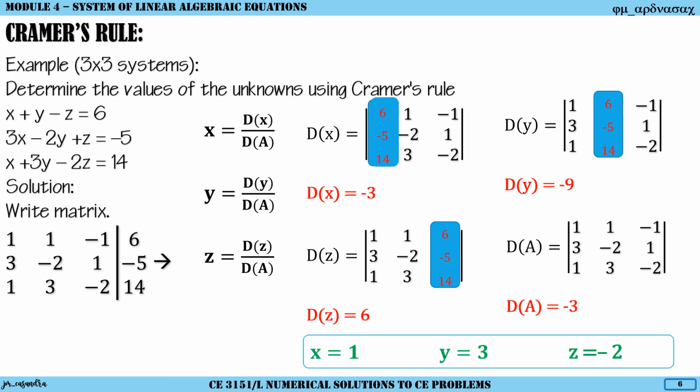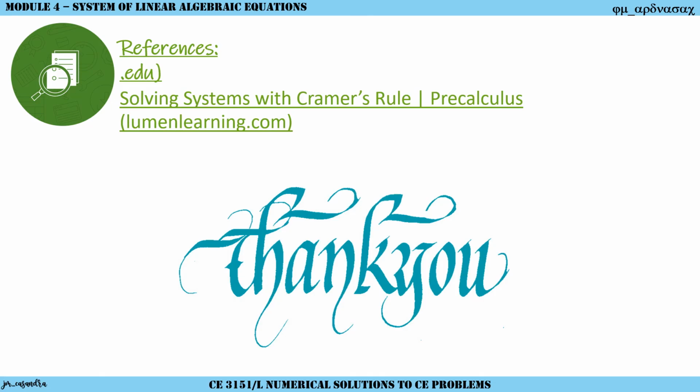So that's Cramer's rule. Again, this is applicable for any number of equations as long as the number of equations is the same as the number of unknowns.